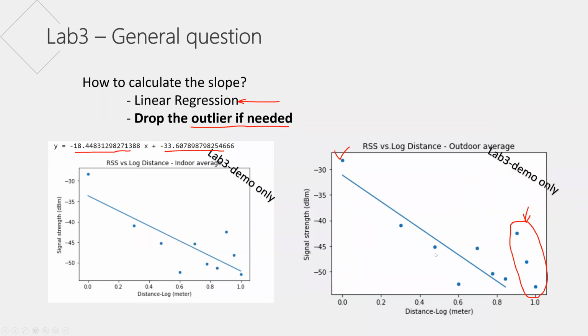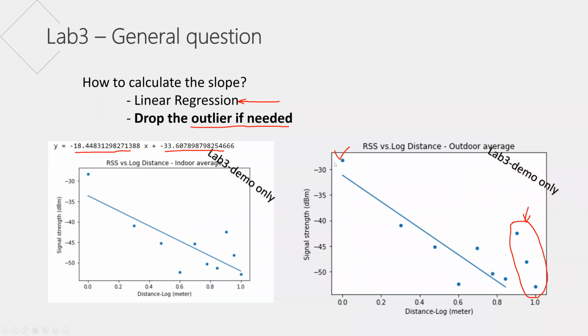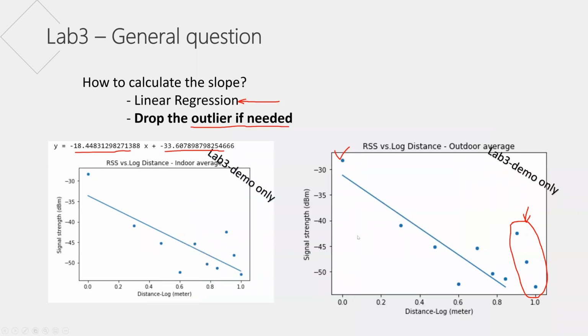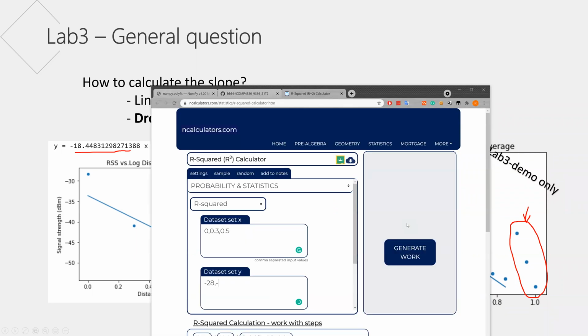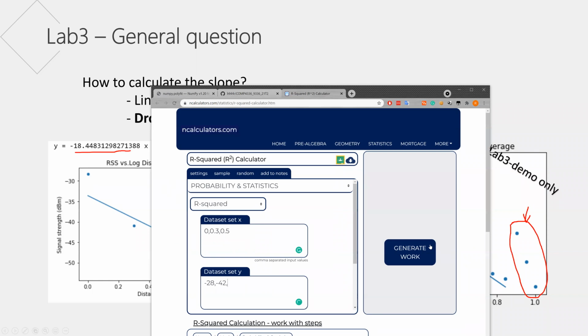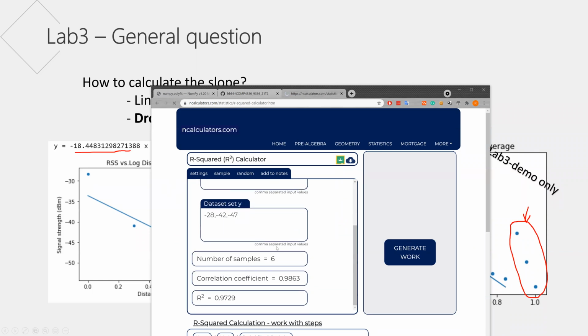And the next one is 0.5. And then you can put the average value here, like let's say minus 28. And this one is minus 42. And this one is minus 47. And then you can click calculate. And then you will get the R-square value.